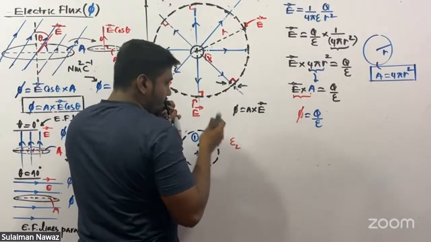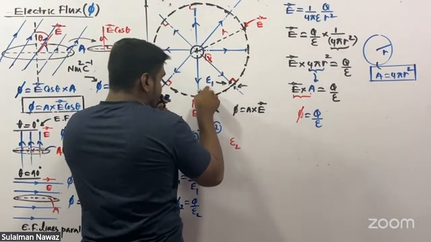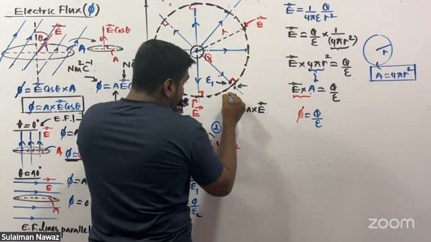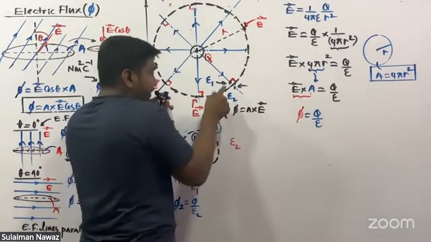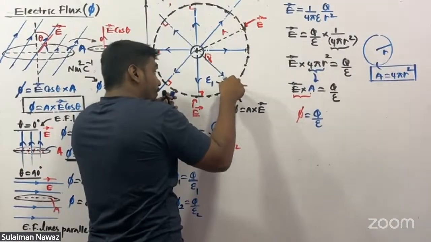So this medium is different, therefore its permittivity is epsilon 1. This medium is different, therefore its permittivity is epsilon 2. Remember, these two points are just inside the boundary and just outside the boundary.